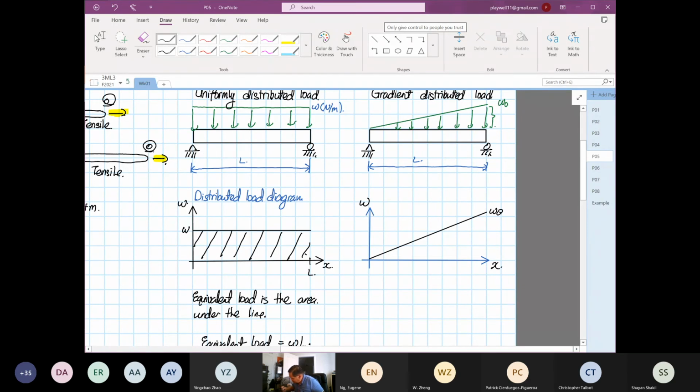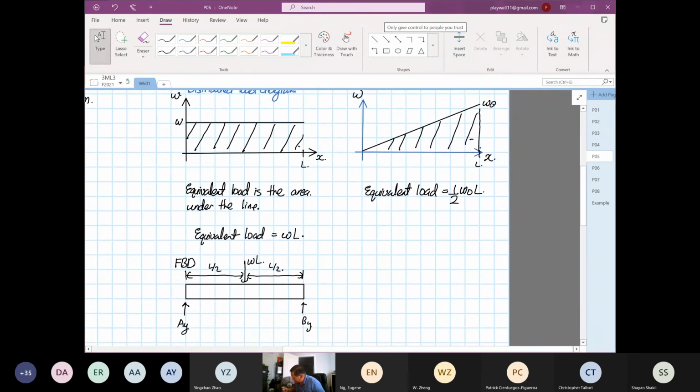And then the area under the curve, right? So we have a distance L over here. So the equivalent load is equal to half multiplied by omega naught L. Okay, half base times height, because it's the area of a triangle.